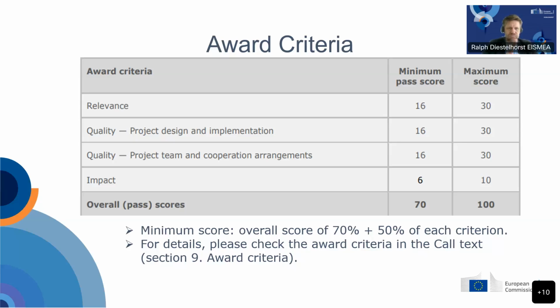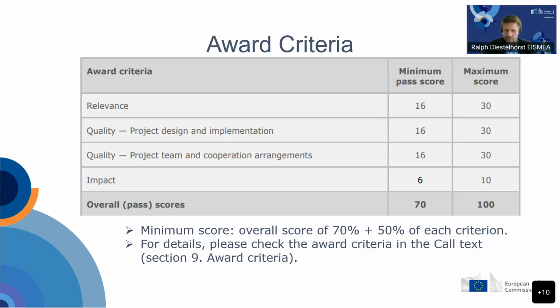Please keep in mind, when you look at the score, that we're happy with 70 out of 100, but usually that's not enough. I will not tell you which score we usually have, but be aware that the pass mark is usually not enough to receive a grant.